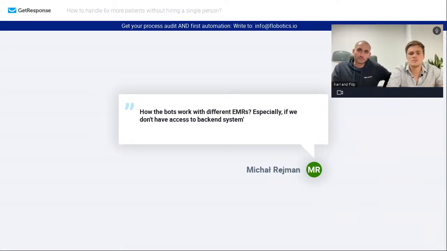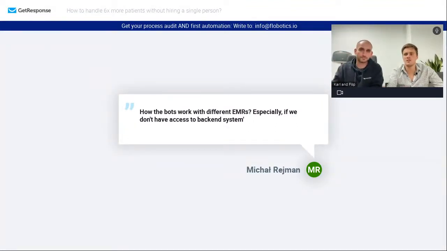We would have to see if there are APIs in place, or if they can even communicate outside. Most EHRs do, some EHRs don't. So we just basically pull the information out of them and store it in a common database. As we said before, it doesn't really matter what software the data is in.